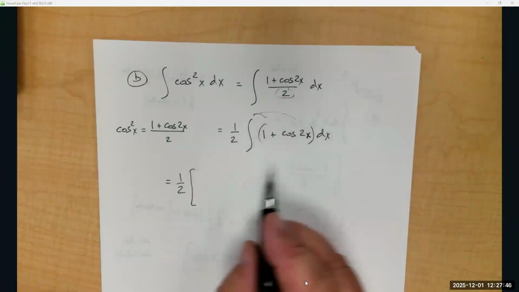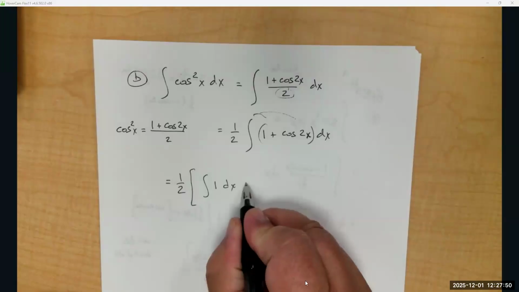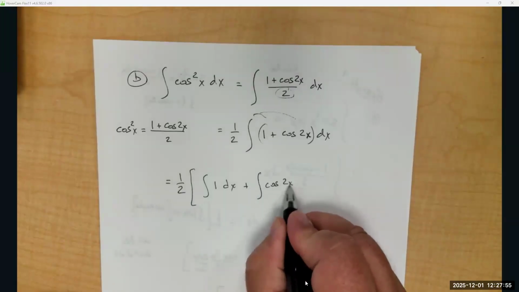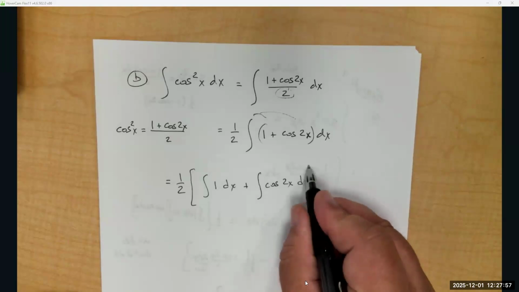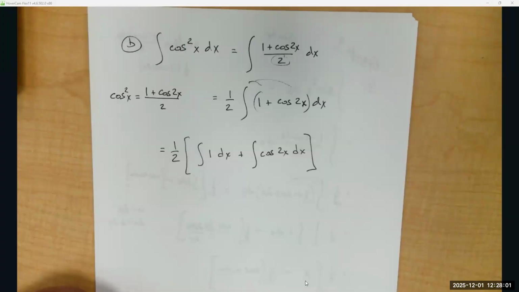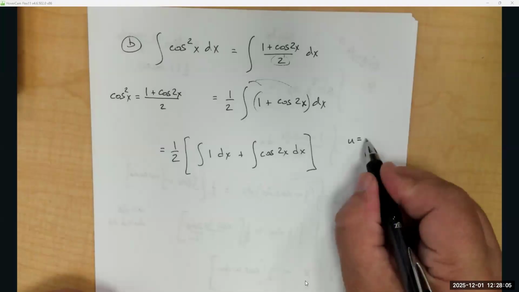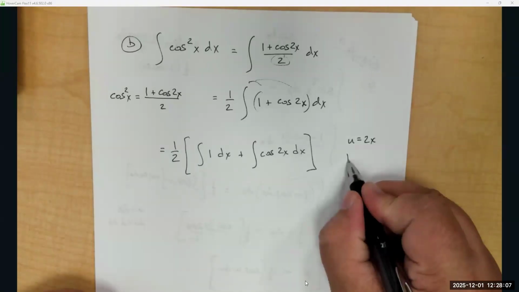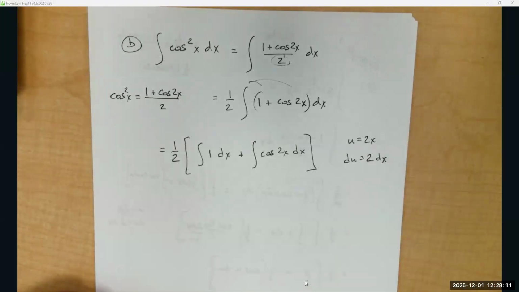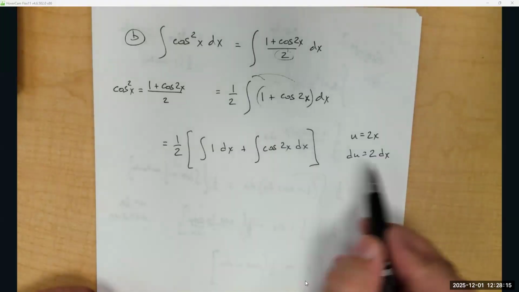Distribute the integral inside both of those, so it's the integral of 1 dx plus the integral of cosine 2x dx. Now is where I can define u and du. Here's a dx.